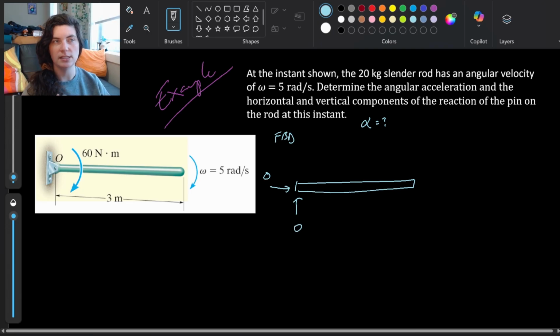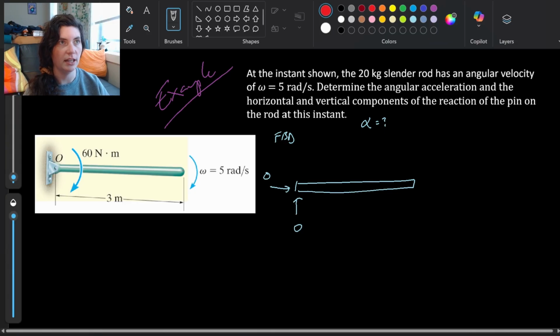So we know we've got this thing that's rotating about a fixed axis. So that tells us we probably want to use our normal and tangential components. And then we can see that it's swinging downwards. It's going to swing down and to the left as it moves around point O. So when I set this up, I'm going to have my normal component go along the rod and the tangential component comes off of the rod, right?